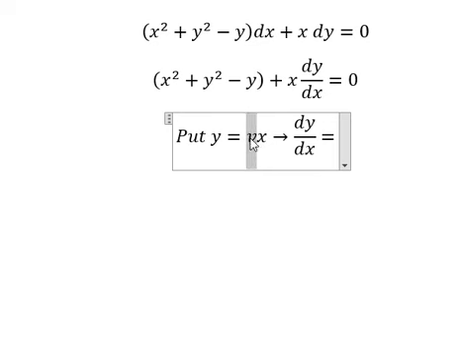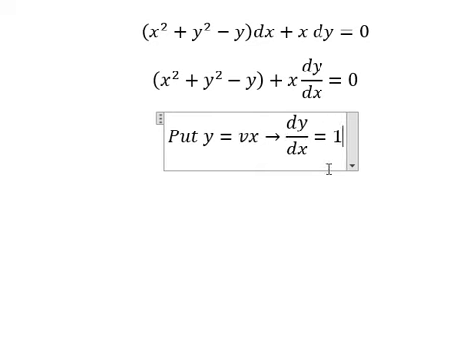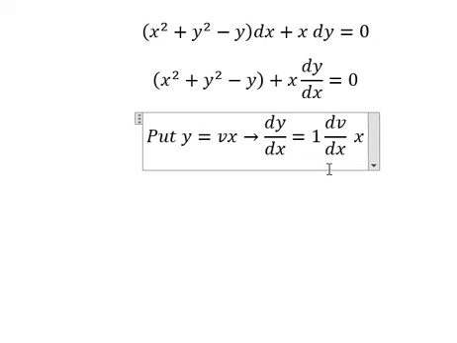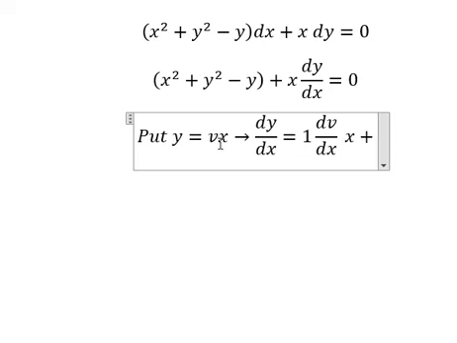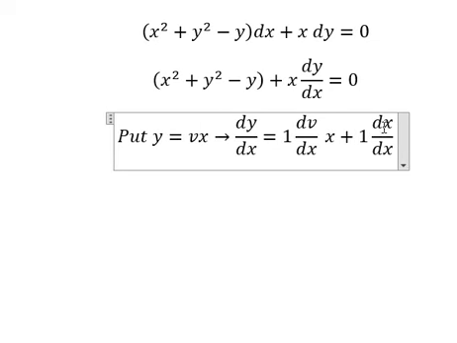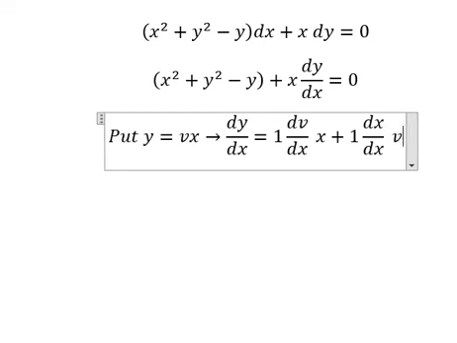First derivative of v, we have 1 dv over dx multiplied by x. First derivative of x, we have 1, and we have dx over dx, and we have v.